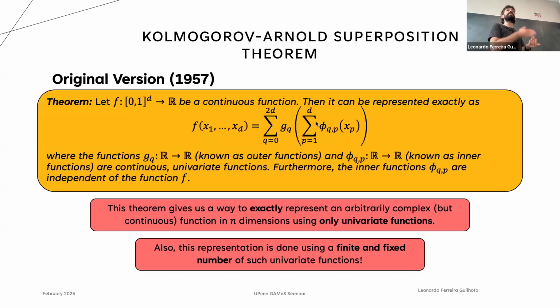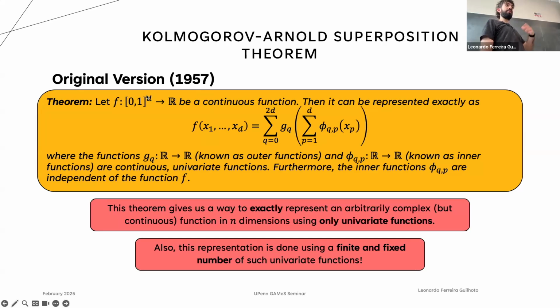And another very important thing about this theorem is that it gives you this representation using a finite and fixed number of univariate functions. A lot of theorems give you an approximation, or a limit as it goes to infinity, or say there exists an integer n such that we can get this representation. This formula gives you an explicit number of how many functions you need, right? So you can see here that these indices go from p equals 1 up to d, where d is the input dimension.